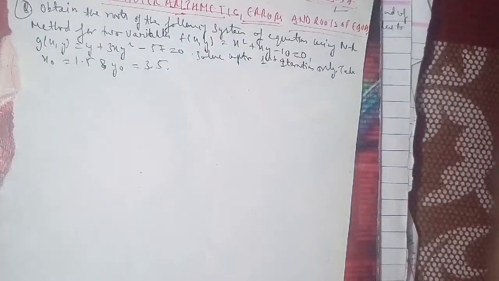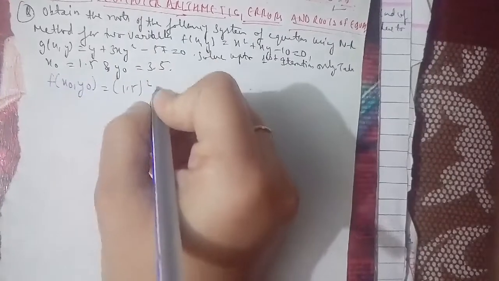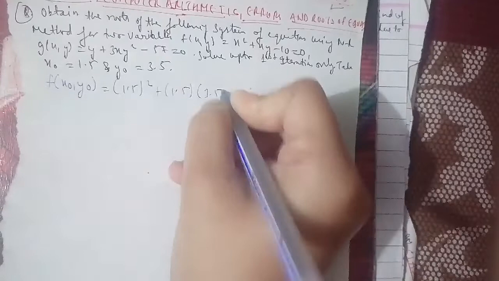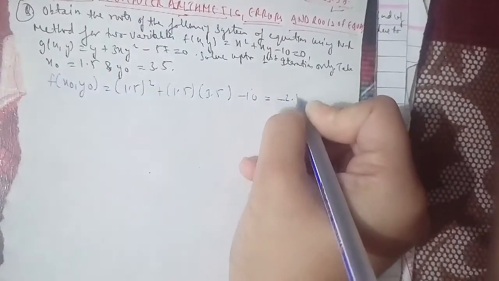Now we find the solution here. f(x0, y0) = 1.5 squared + 1.5 times 3.5 - 10, which equals -2.5.